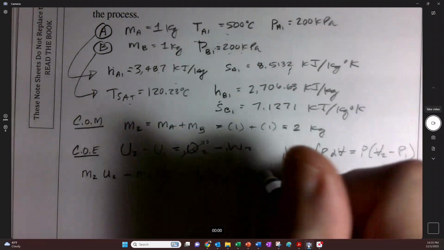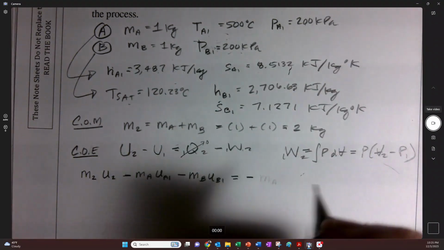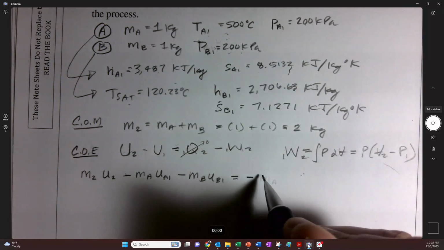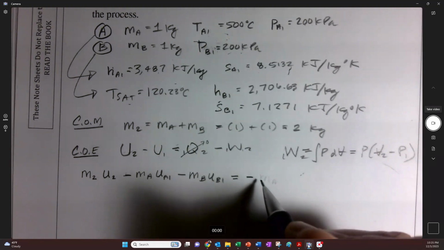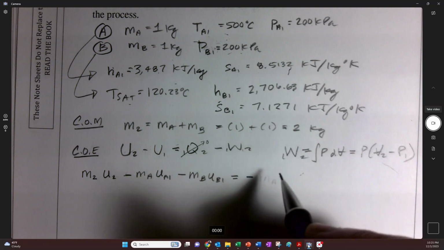okay, I'm trying to think how I'm going to do this. They just jumped to this conclusion, so I want to do this in a more logical fashion, and I also want to keep the signs correct.